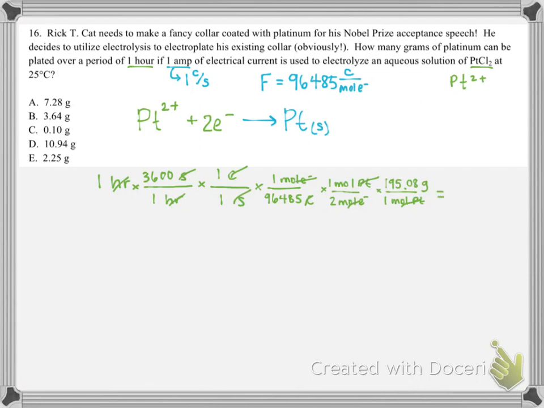That number ends up being 3.64 grams of platinum. So Rick might need to either use a higher current or let the reaction go longer if he wants to coat his whole collar.